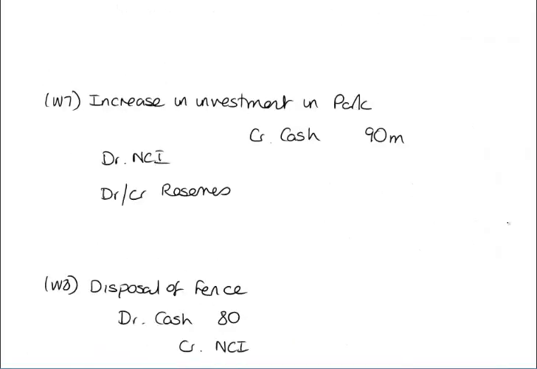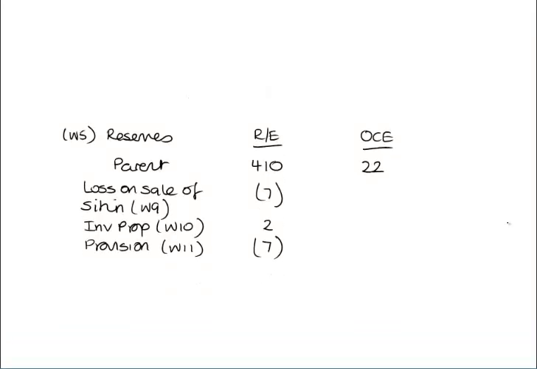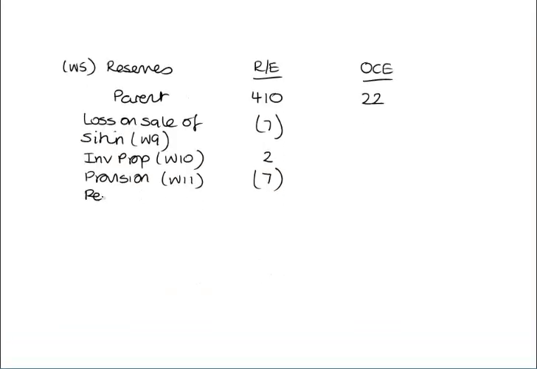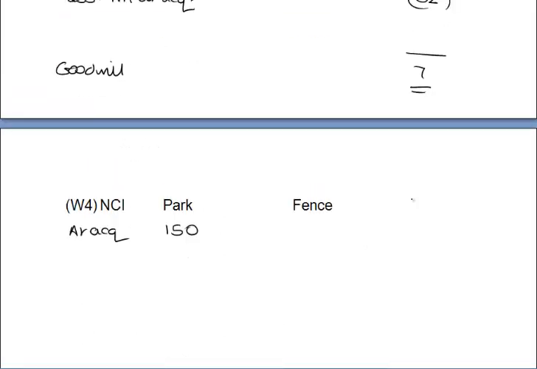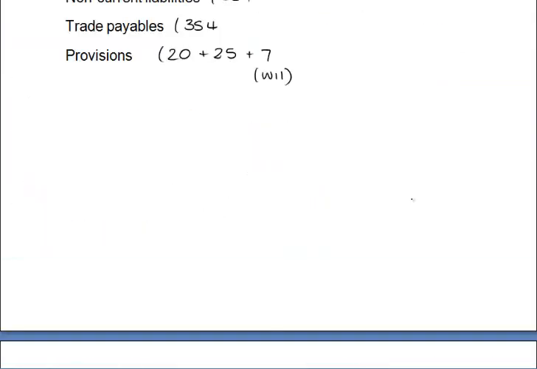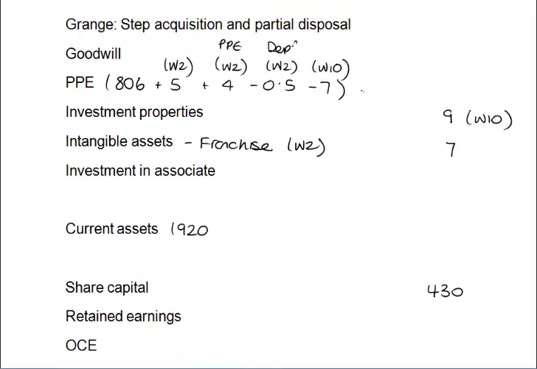That's from working number 12. So revaluation, working number 12. Increase OCE, because OCI flows through into OCE. And increase PPE from working number 12 by 4 million.